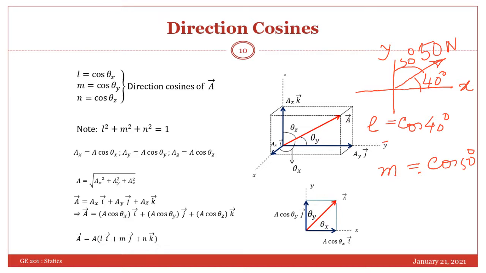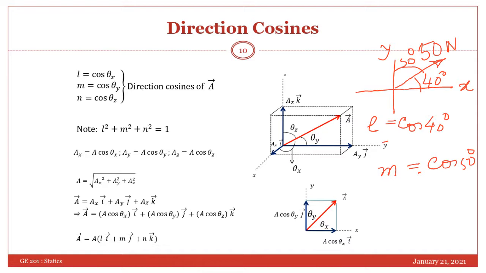Of course, it is a two-dimension problem, so we have only two direction cosines. But in three-dimension problems, you will also have an angle with z-axis, so the cosine of that will be the third direction cosine.